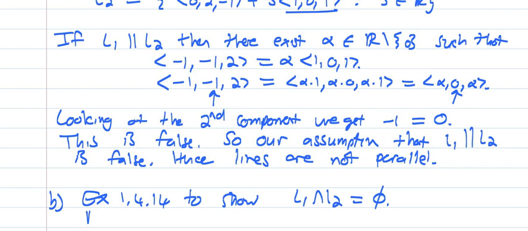So please do it if you haven't. So again, it is 3/4 to a page calculation to show that the lines do not intersect. So there's no point common to both lines. All right. So please make sure that you can do it and write out a nice little argument why the two lines do not intersect.